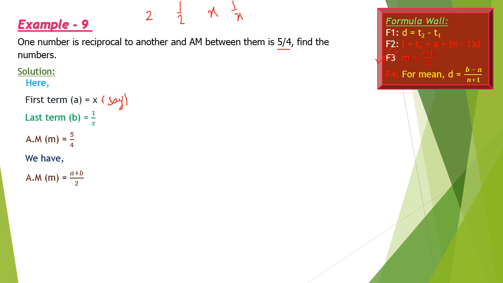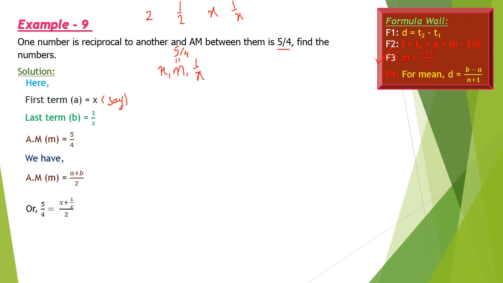If you want to see our sequence, then it will be x, m, 1 by x, and this value of m is 5 by 4. So applying the mean concept here, replacing the value of m as 5 by 4, equal to (a is x plus b is 1 by x) upon 2.